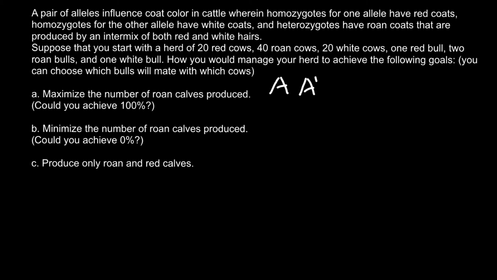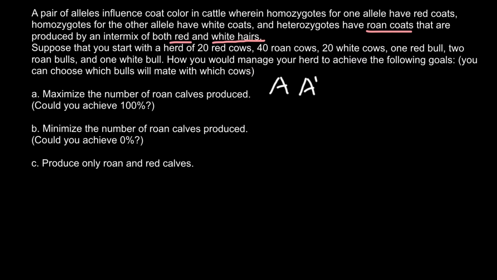Why am I using capital A and also capital A prime instead of capital A and small a? Because if you take a close look at our problem, you would see that heterozygotes have roan coats that are produced by an intermix of both red and white hairs.